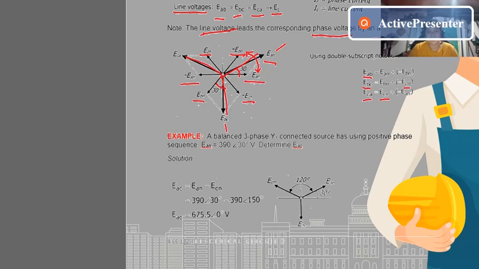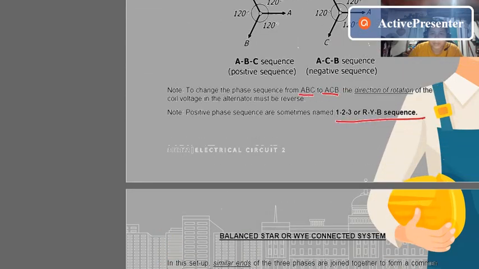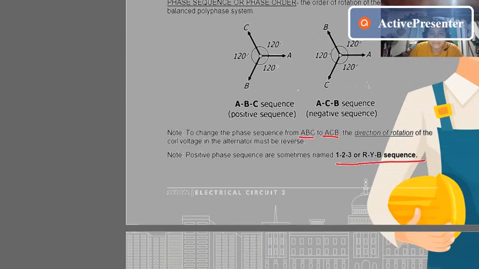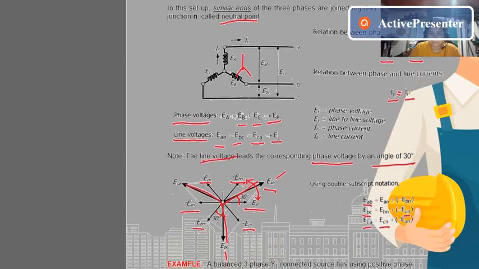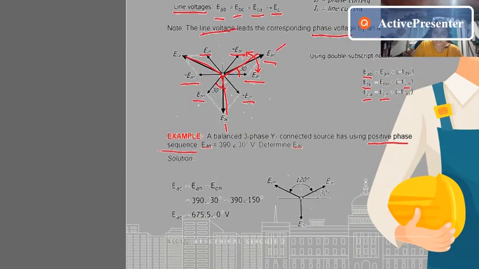So, kabalo na ta sa atong positive sequence. So, recall ta for our positive sequence, we have A, B, C sequence. So, i-draw nato ang EAN. Since naghatag siya 390 with an angle of 30 degrees.